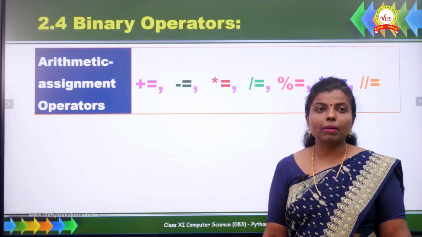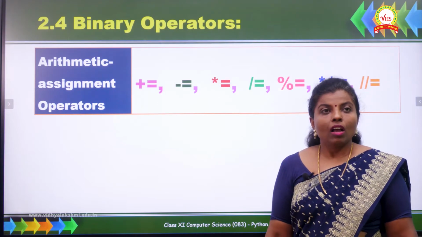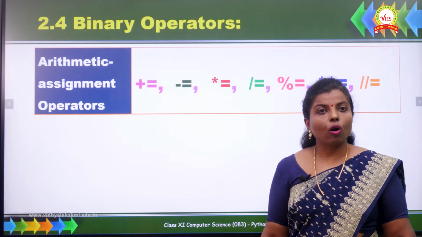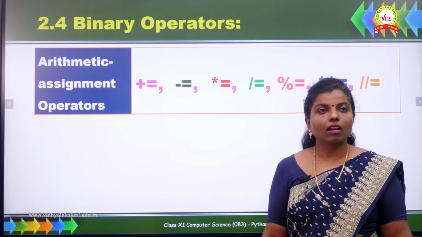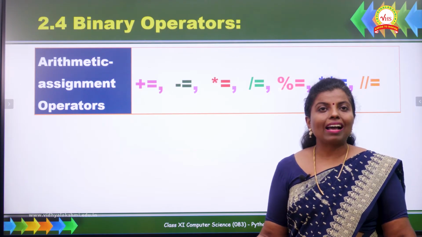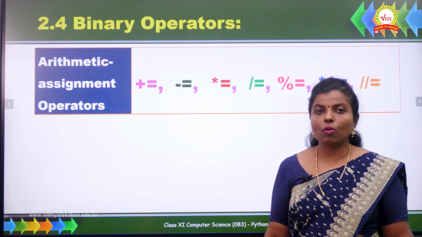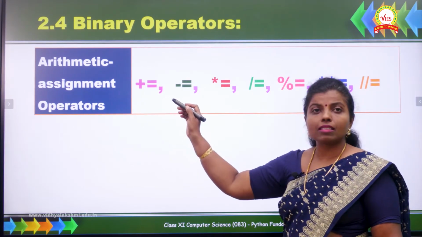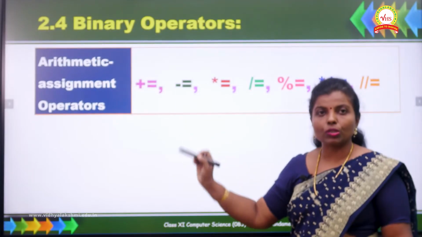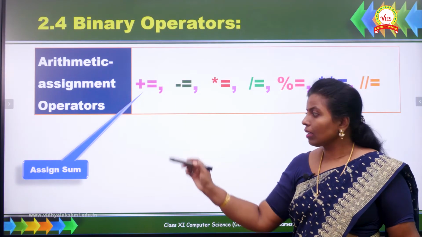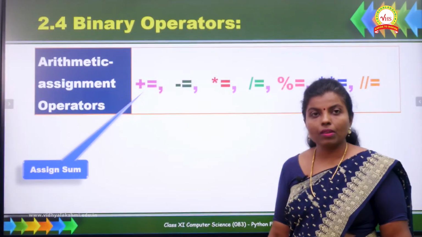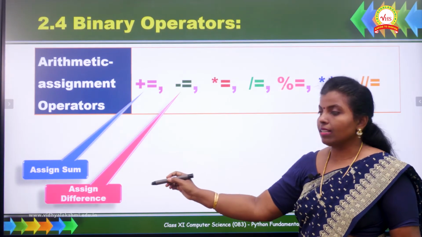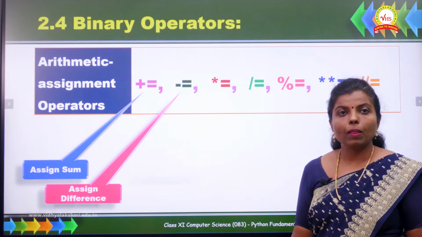Now let us move on to the next operators. These are arithmetic assignment operators. These are also called augmented assignment operators or compound arithmetic assignment operators. Now let us see what operators are given here. Plus equal to assigns the sum to the variable. Minus equal to assigns the difference to the variable.